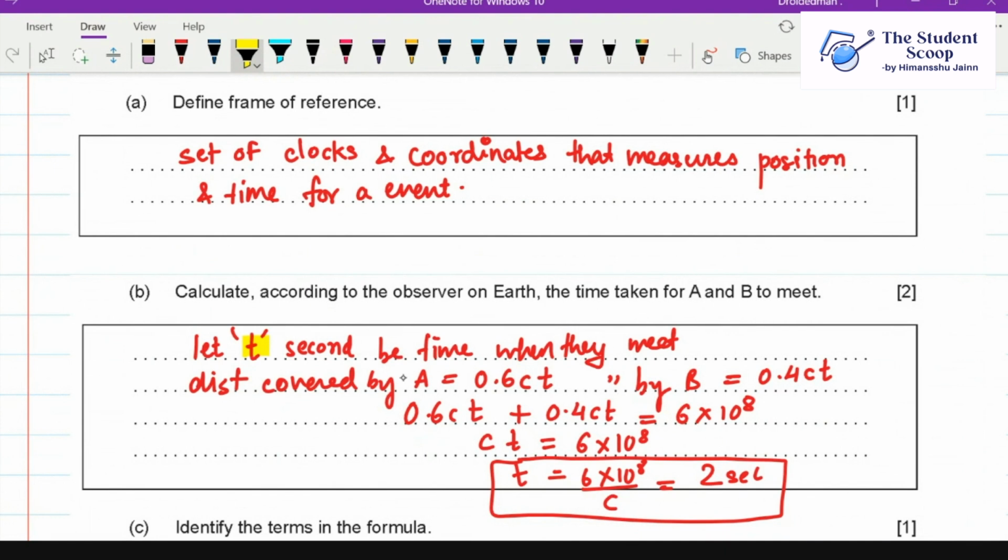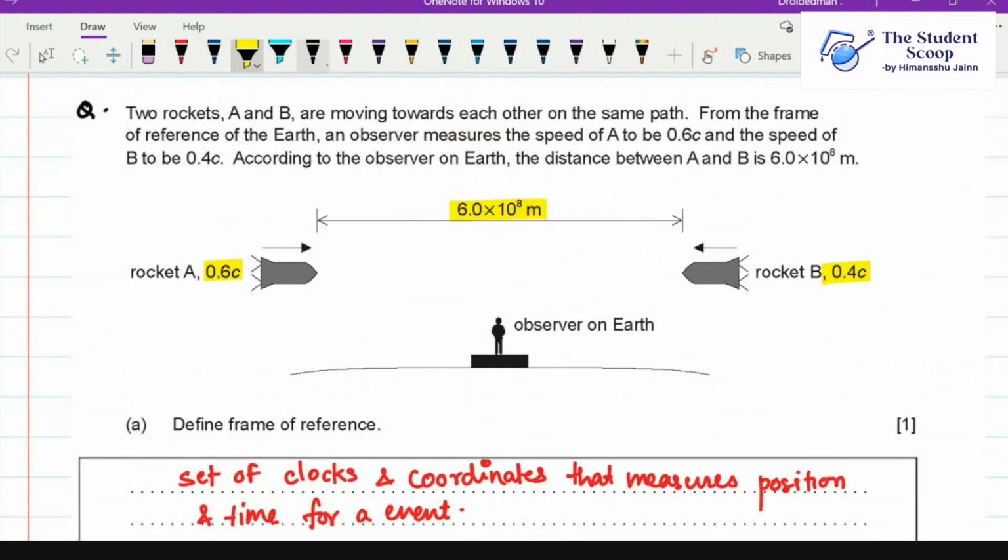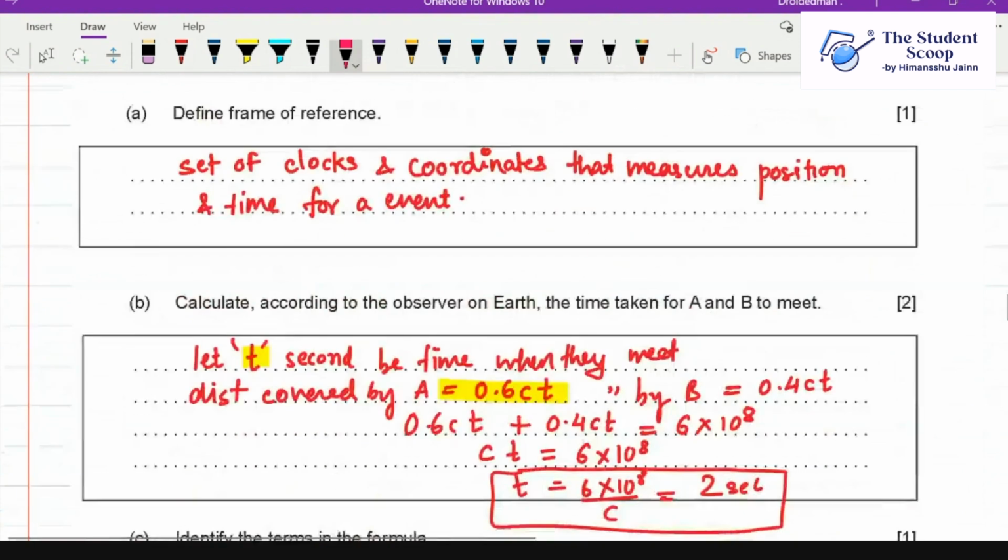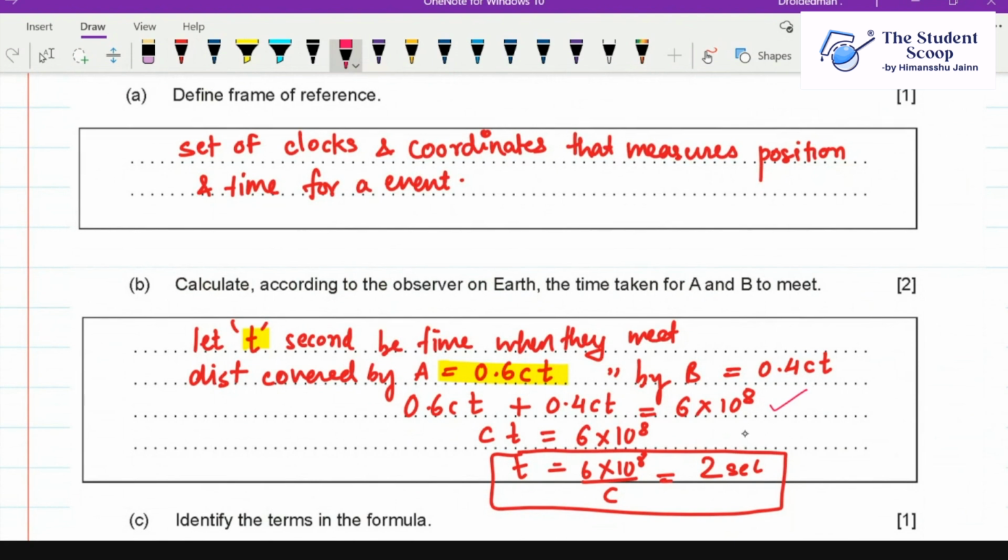The distance covered by A is 0.6 ct, while the distance covered by B is 0.4 ct. When we add these, it should be equal to 6 into 10 raised to 8. Once we do that, we get the time equal to 2 seconds. So it will take 2 seconds for A and B to meet.